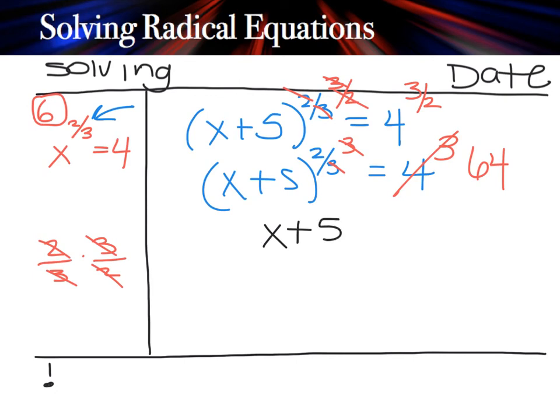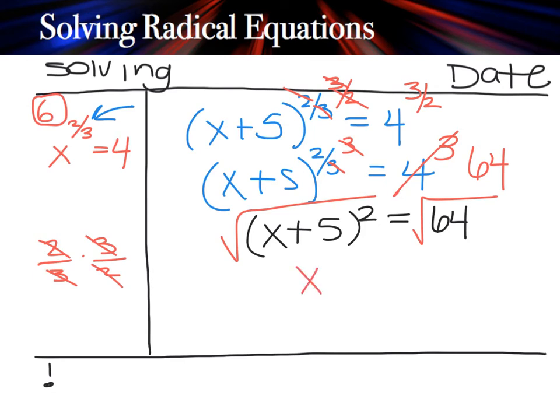So now what we have is x plus 5 squared equals 64, which you've done before. All you have to do now is square root both sides, which is the same as making it 1/2. If I square root both sides, I get x plus 5 equals, and what do you do when you have a square root? Plus or minus 8. So we're going to subtract the 5 over.